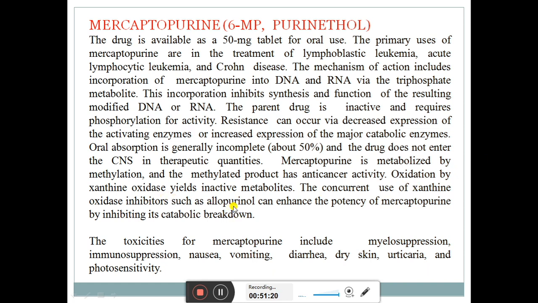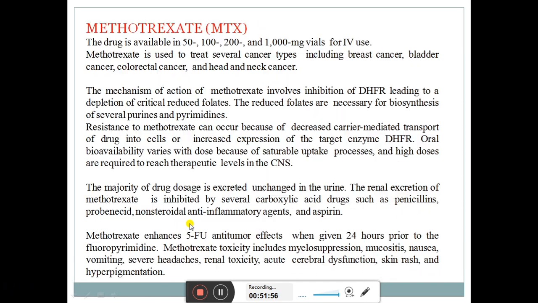An example is allopurinol, a well-known xanthine oxidase inhibitor drug, and it enhances the potency of mercaptopurine by inhibiting its catabolic breakdown. The toxicities of mercaptopurine include myelosuppression, immunosuppression, nausea, vomiting, diarrhea, dry skin, urticaria, and photosensitivity.